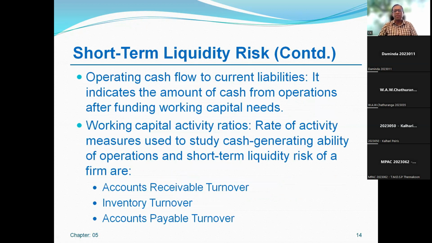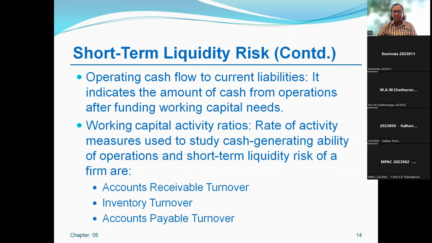Right. So we generally look at current liabilities and current assets when we talk about liquidity or the short-term situation. And we also look at, as you can see here, operating cash flow to current liabilities.